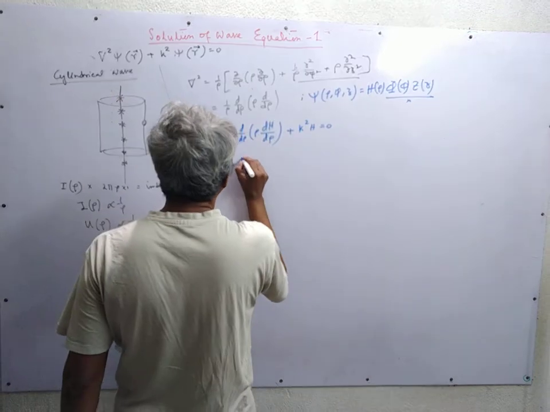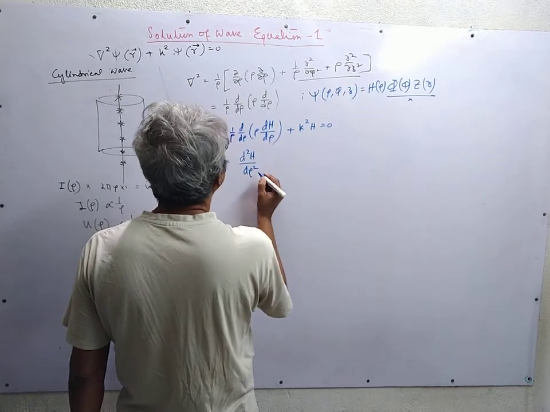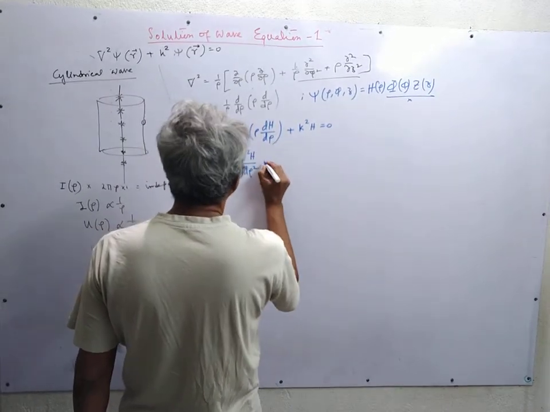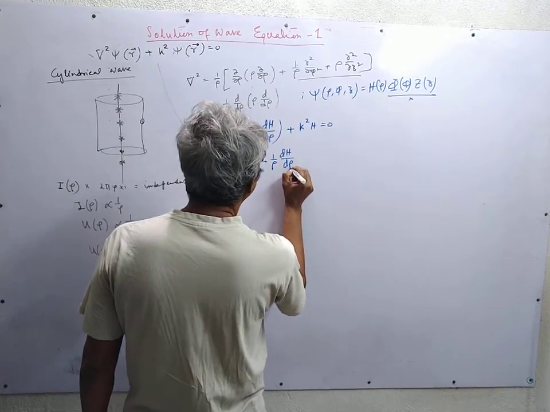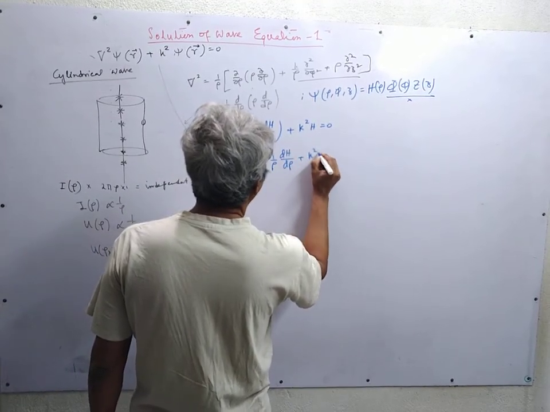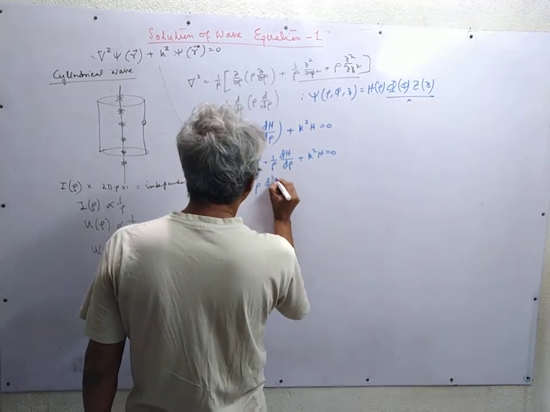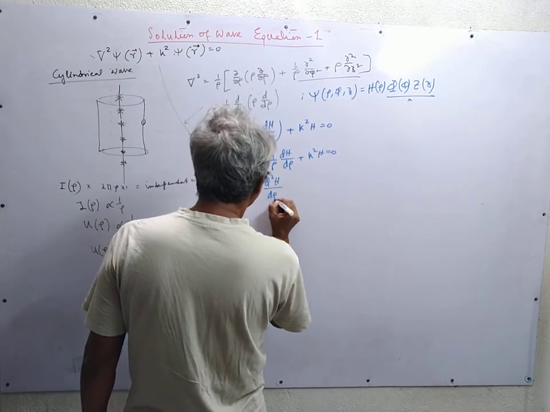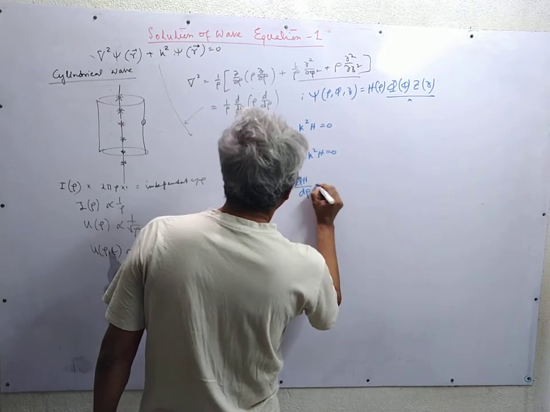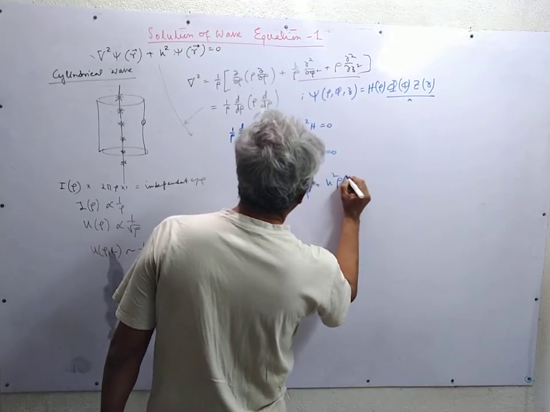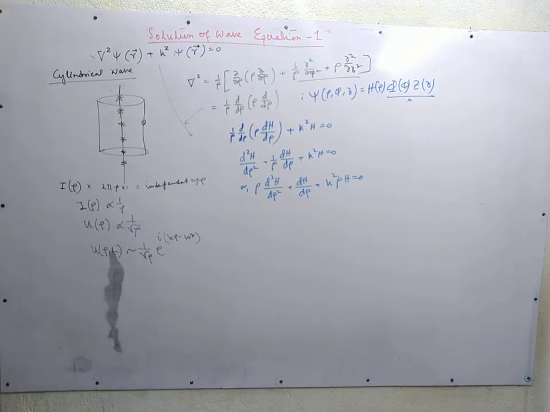So this is d2H d rho 2 plus 1 by rho dH d rho plus k squared H equal to 0. This is the differential equation to be solved.